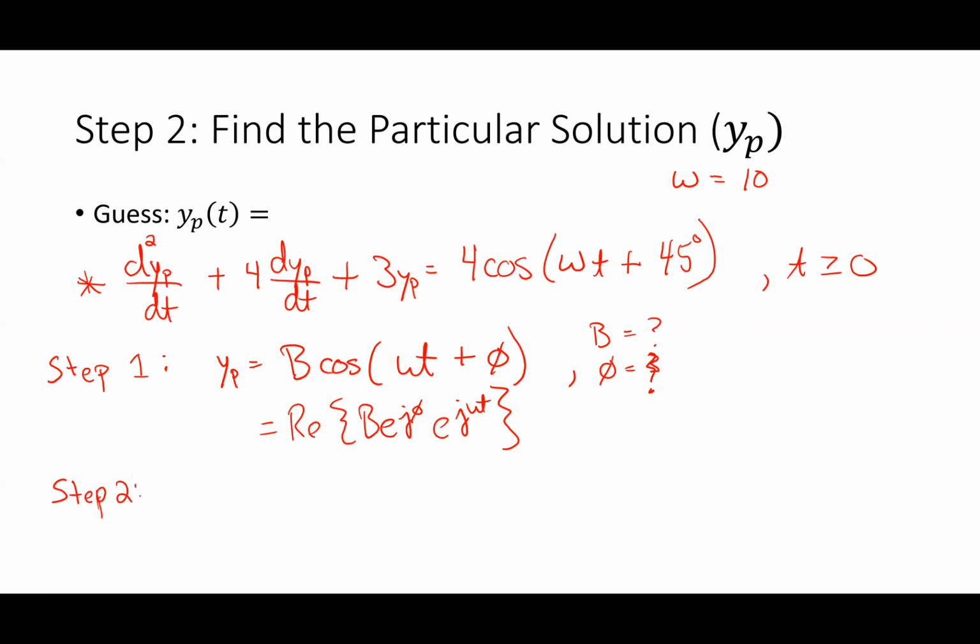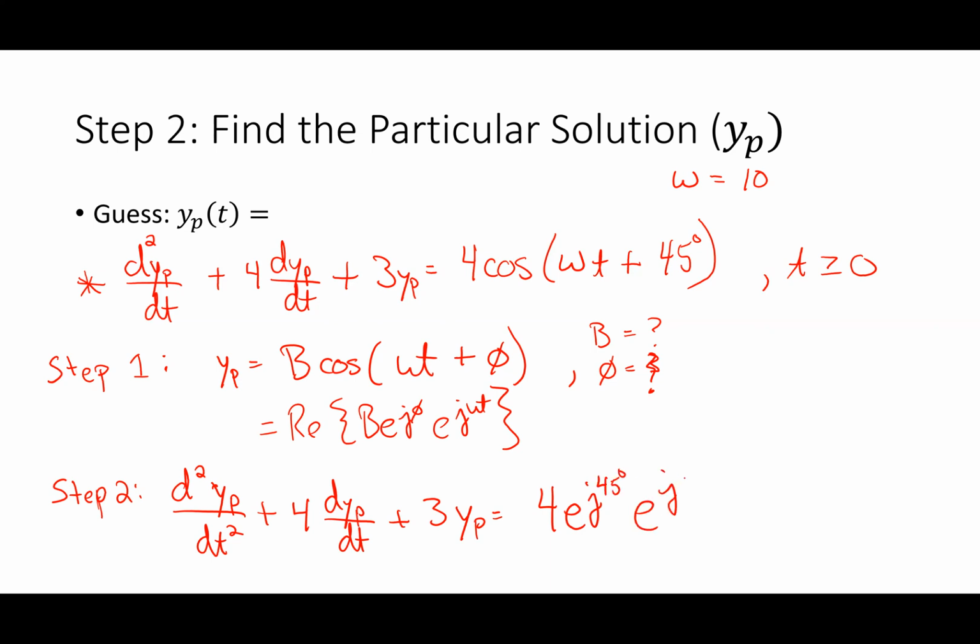So step two here for me is to say I have d squared yp by dt squared plus 4 dyp by dt plus 3yp equals 4 e to the j 45 degrees times e to the j omega t. Now remember, this guy here was what we call the static phasor. That's the thing you're using all the time in 2112. So I've got my equation in that form.